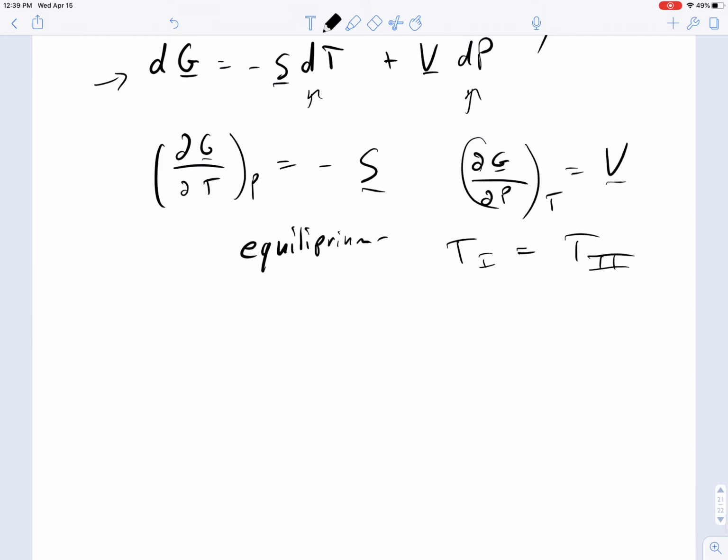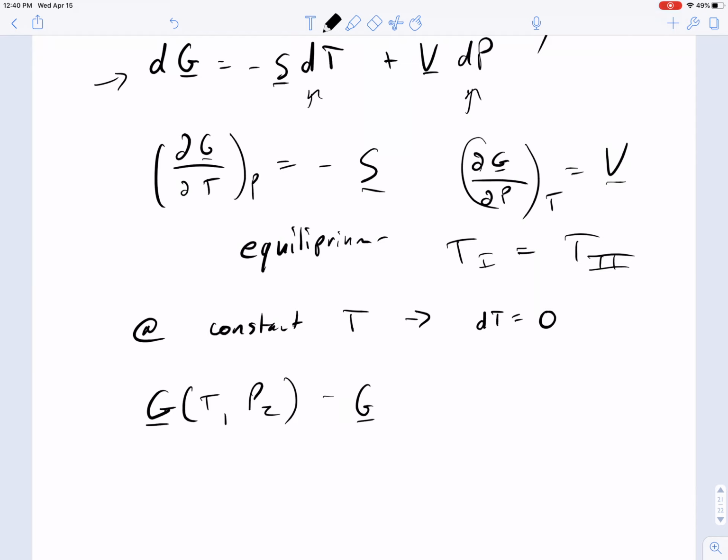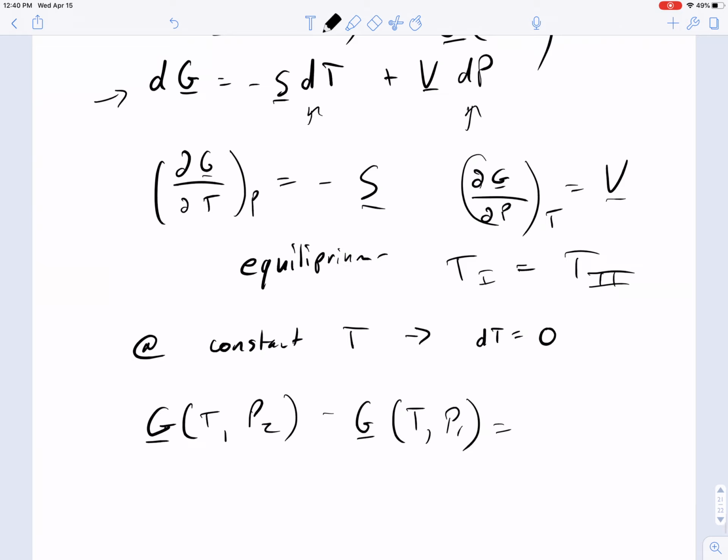So at constant T, dT equals 0. So the Gibbs free energy difference between two states at a constant temperature, let's suppose these are defined as the Gibbs free energy at pressure 2 minus the Gibbs free energy at pressure 1, would be equal to the integral from pressure 1 to pressure 2 of v dP.